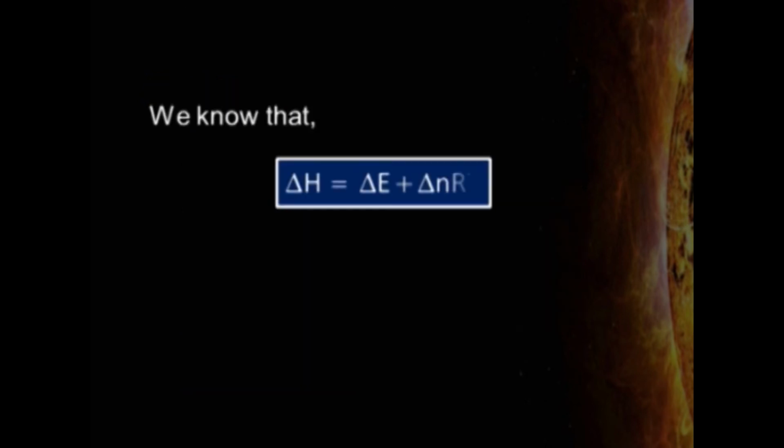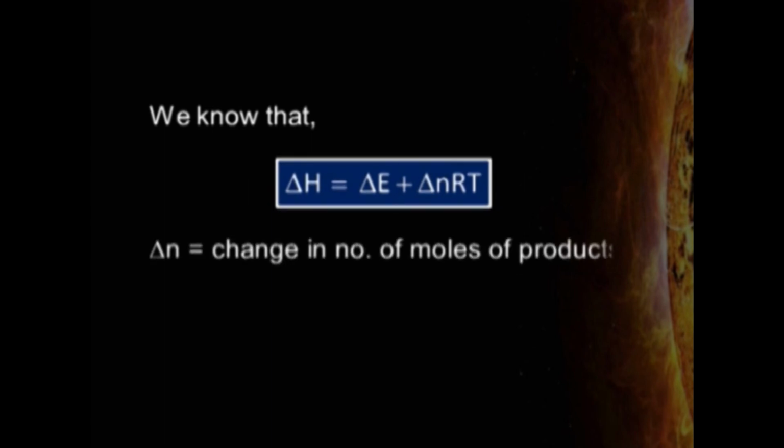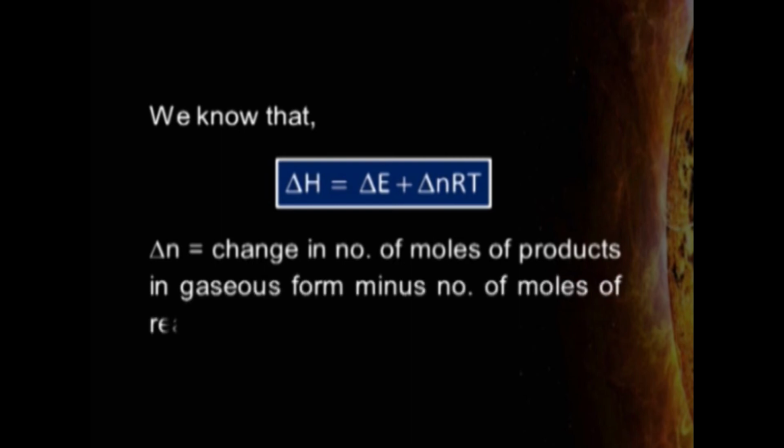As you know, delta H is equal to delta E plus delta N RT, where delta N is the change in number of moles, that is, the number of moles of products in gaseous form minus the number of moles of reactants in gaseous form. Here delta N is equal to 1 and R is equal to 8.314 into 10 to the power minus 3 kilojoule per mole per Kelvin.